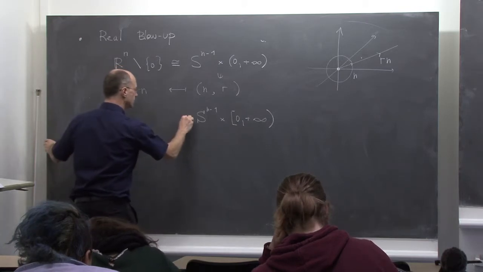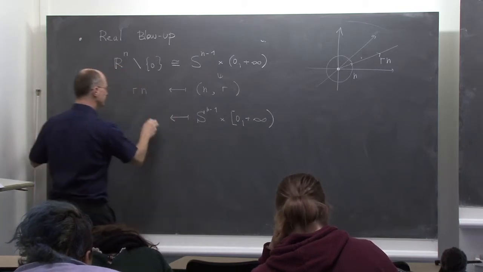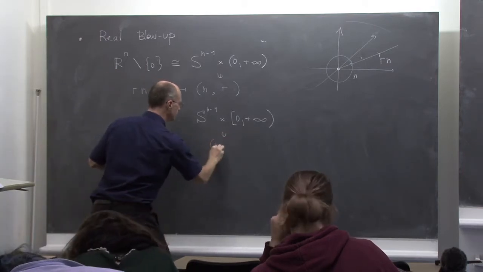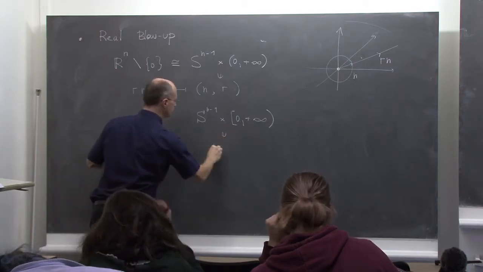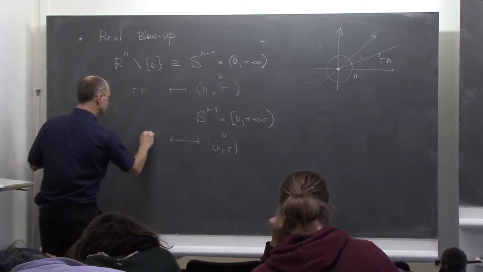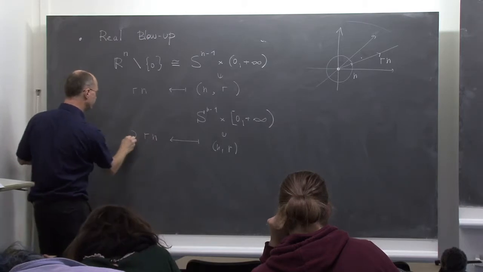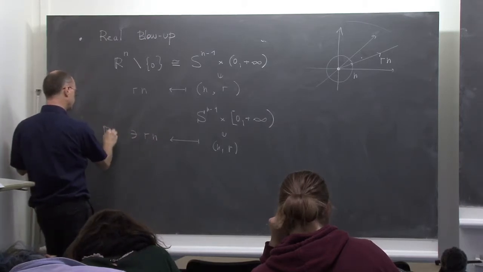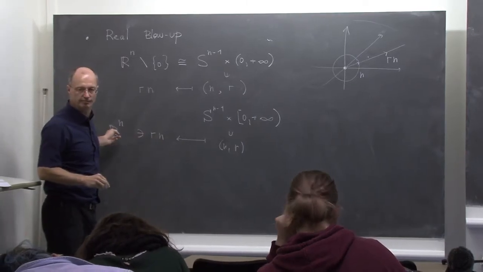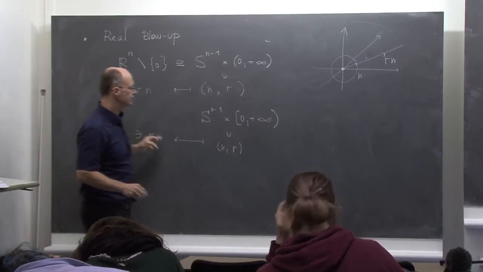And I can still define a map, sending an element here, and r, to r times n, which is now simply a vector in Rn. Right?